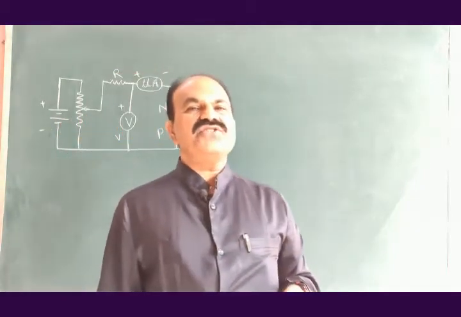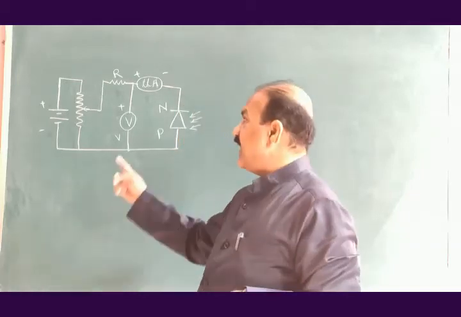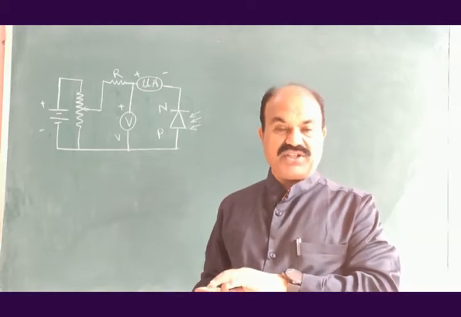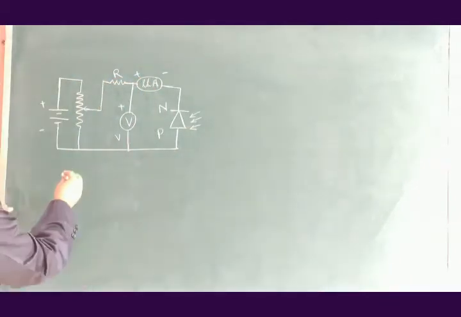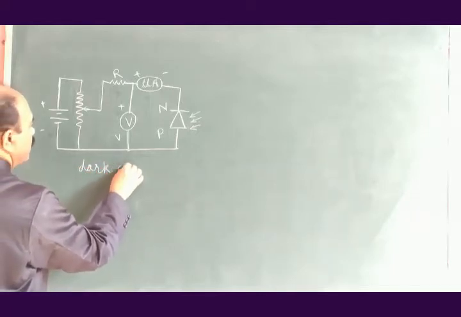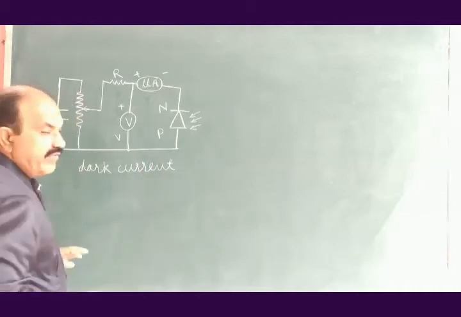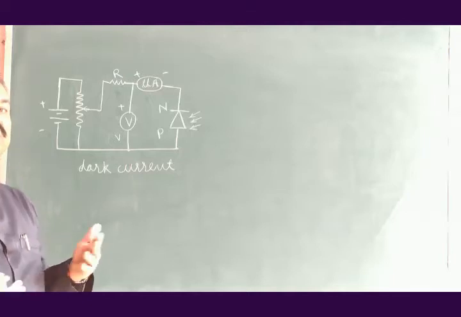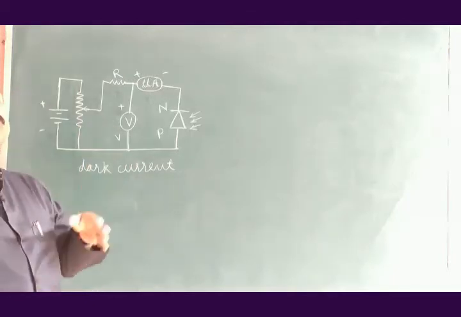When no light is allowed to be incident on the photodiode, if the microammeter shows some current, that current is known as dark current. Even when you do not allow any light to fall on the photodiode, it still shows some current because you applied the reverse bias.